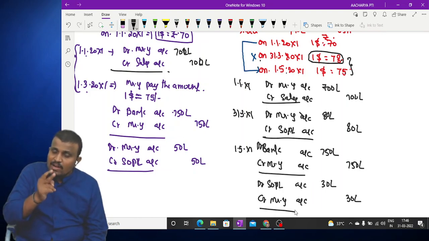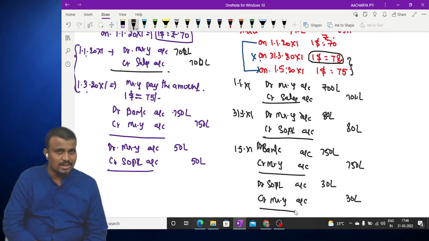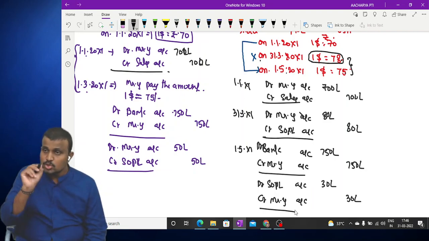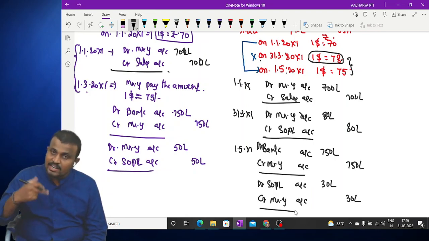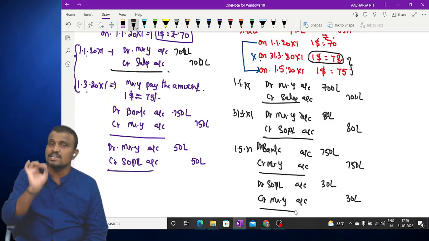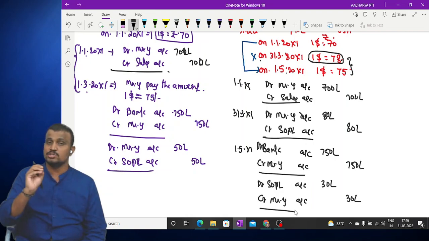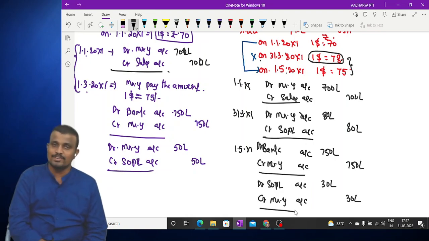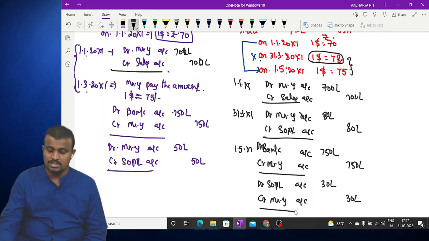In case of unsettled monetary items available on the date of the balance sheet or financial statement, those are re-recorded or retranslated at the closing rate. Then any gain or loss created due to the retranslation is also transferred to the statement of profit and loss. These are the two examples. I hope you guys understood.